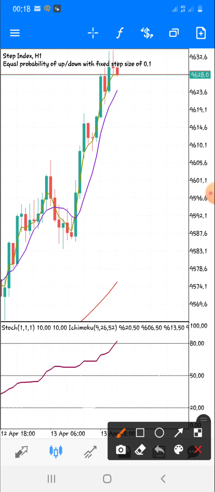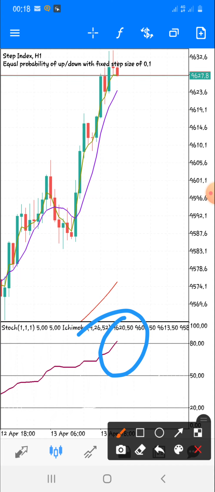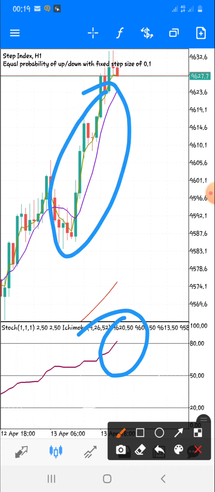you see here on the 1 hour time frame, the Ichimoku, our indicator, is at the selling zone, 80% selling zone. And also here the indicators: if the green indicator is above the purple one, it means it's a buy.